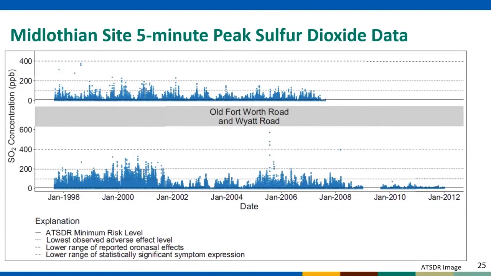The graph also shows some of the effect levels and the acute inhalation minimal risk levels, also called an MRL. As you can see from the graph, levels of SO2 from the monitoring stations decreased over the years. And we know these decreases are mostly due to the addition of treatment systems by TXI to prevent SO2 emissions.